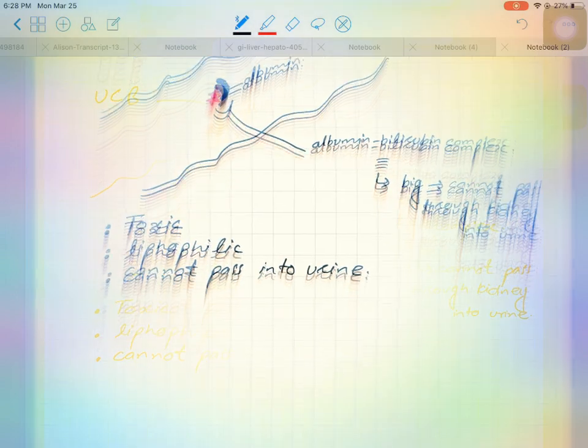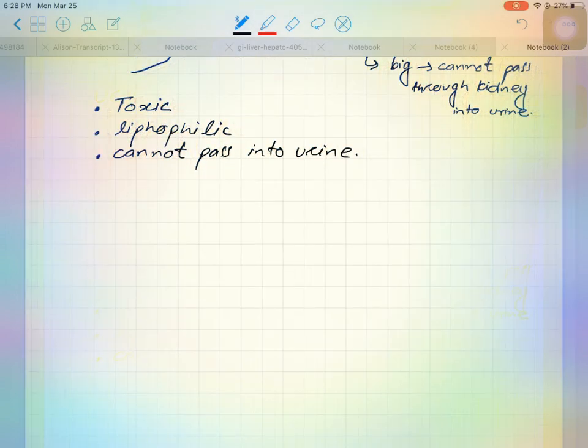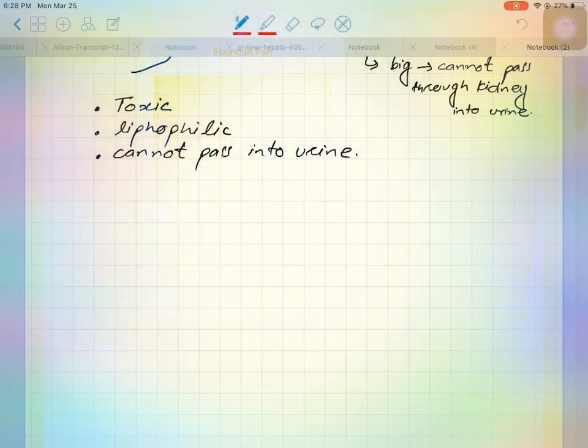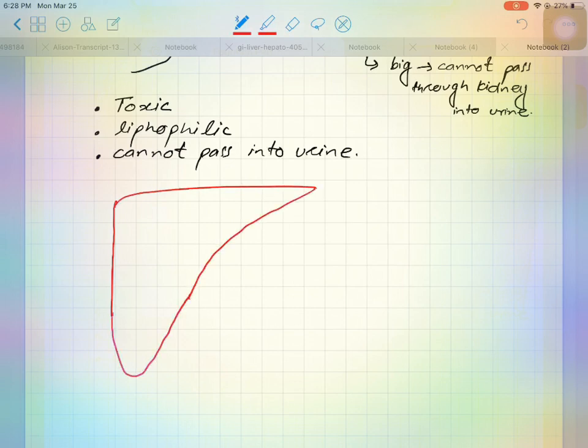So when this unconjugated bilirubin reaches the liver through the blood circulation, there are specific receptors in the liver for the uptake of unconjugated bilirubin. For example, this is the liver.